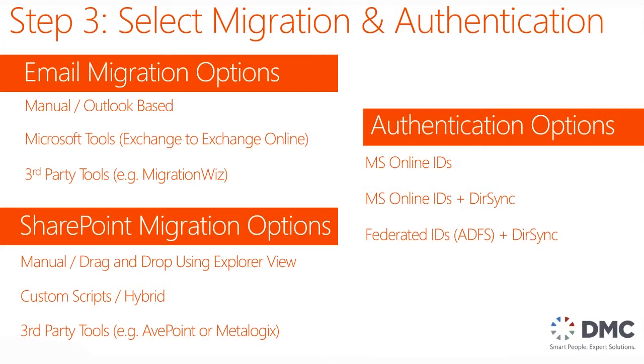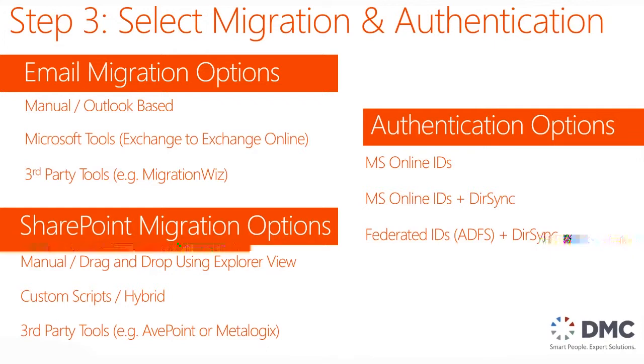There are some built-in tools, so if you already have Exchange Online, or Exchange on-premise, there are built-in tools to move all of your email for the entire organization into Office 365. Thirdly, there are third-party tools. I typically recommend MigrationWiz. That seems to be the best. It can handle a migration from Exchange or Google or pretty much any other email system that's out there. It can migrate all of your email boxes over to Office 365.